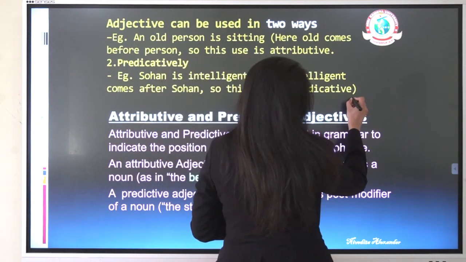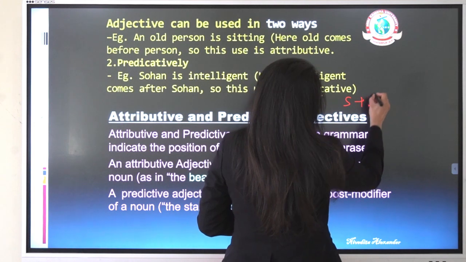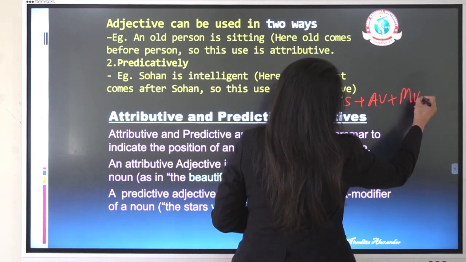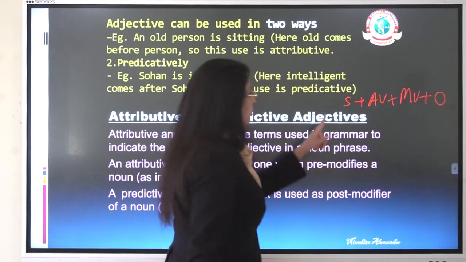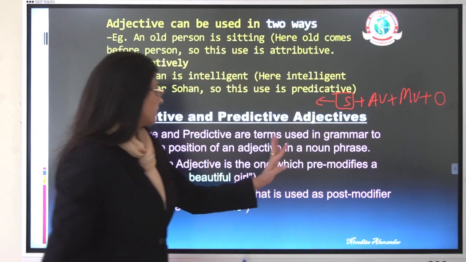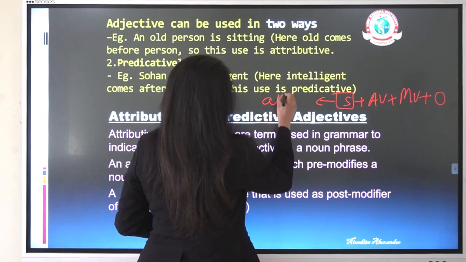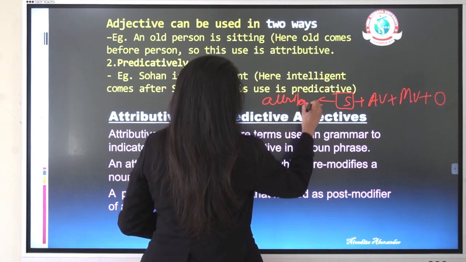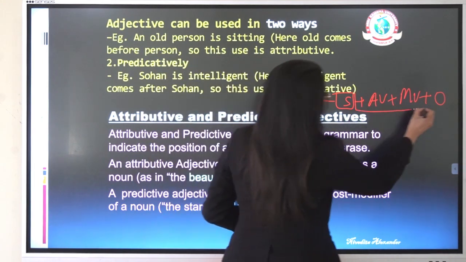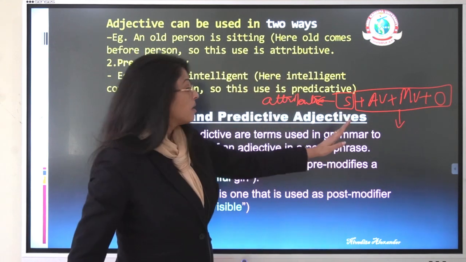For example: subject plus auxiliary verb plus main verb plus object. This is the subject. The pre-modifier is called attributive, and the remaining part is called predicative or predicate.